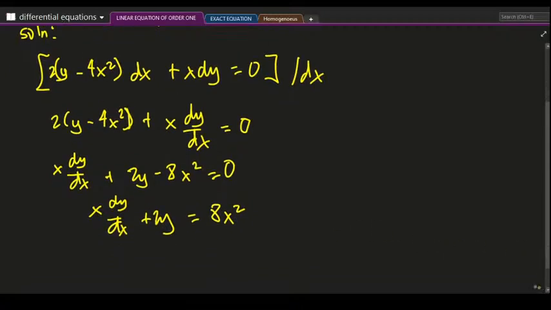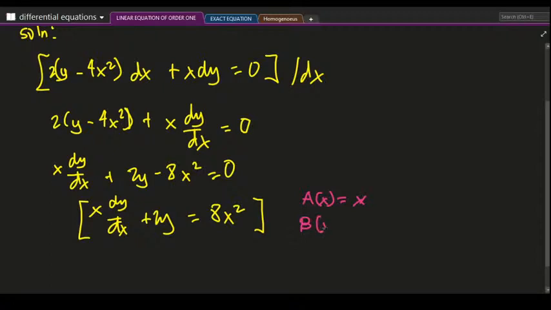Okay, now we will convert this into the standard form. This is now the form of our linear equation of order 1. By inspection, we could say that our a of x is equal to x.